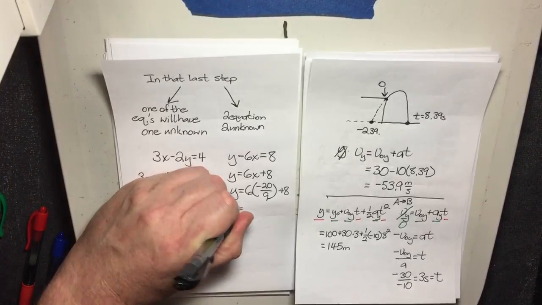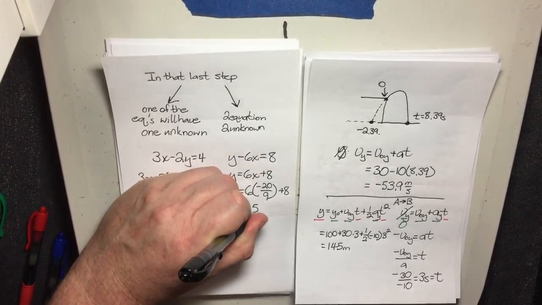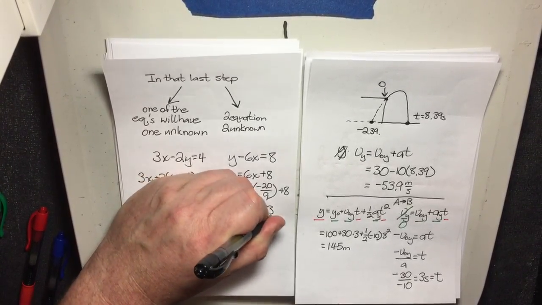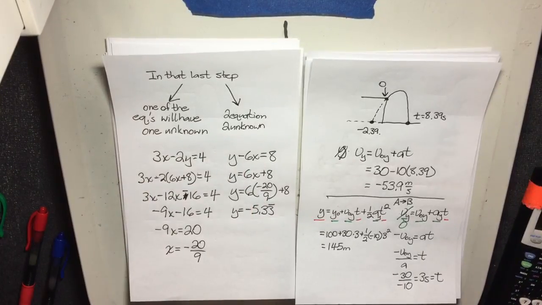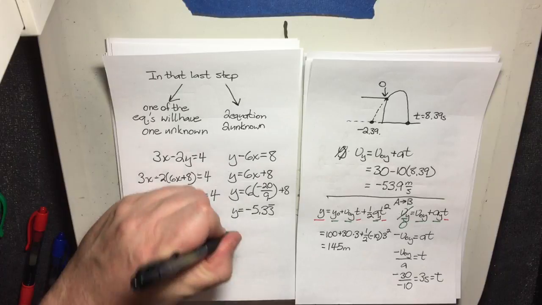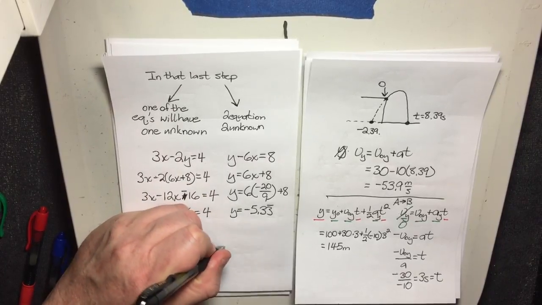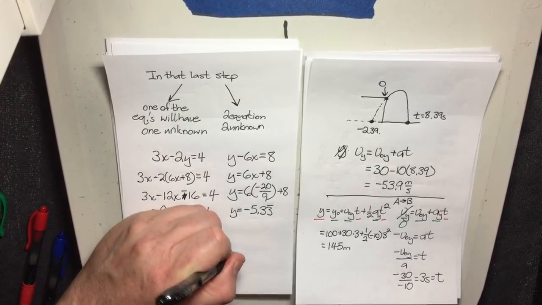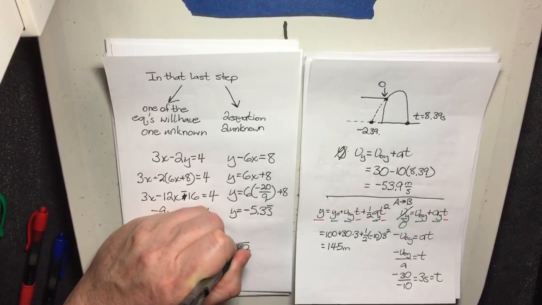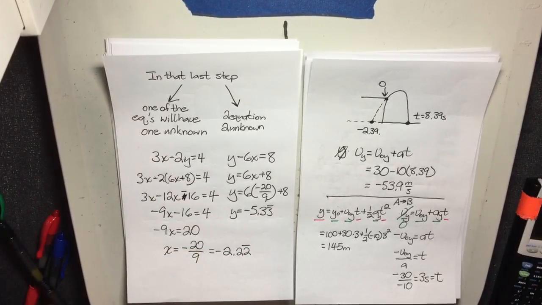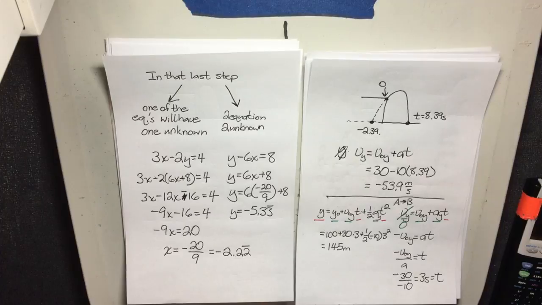And y is negative 5.33 repeating. And so now, let's see, x, negative 20 divided by 9, is negative 2.22 repeating. And so that's how you do a 2 equation 2 unknown.